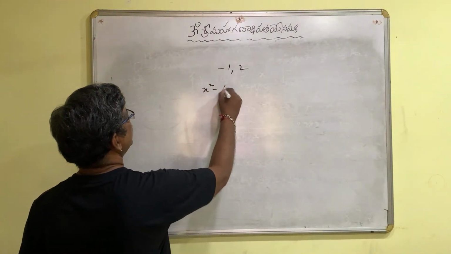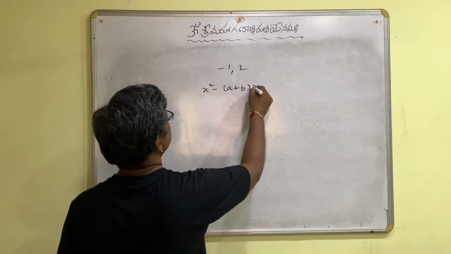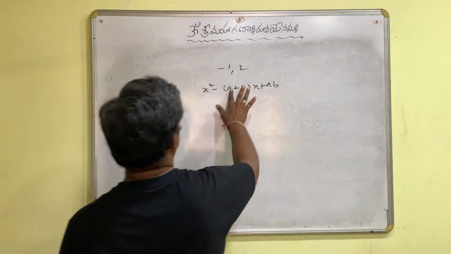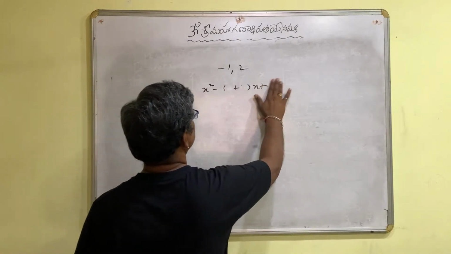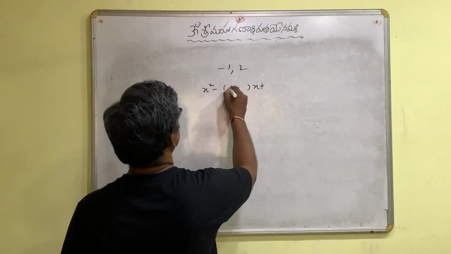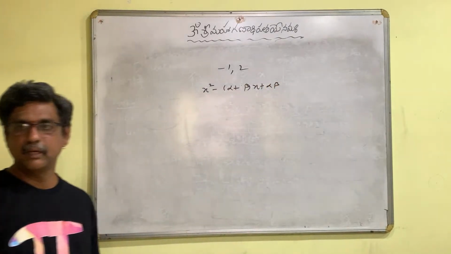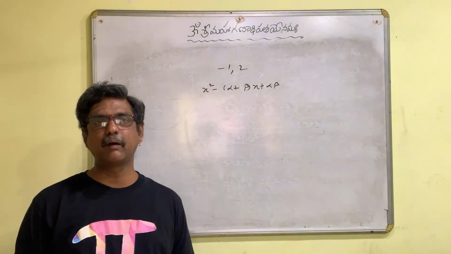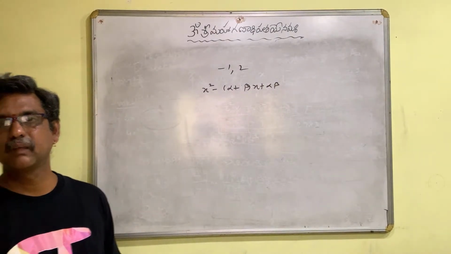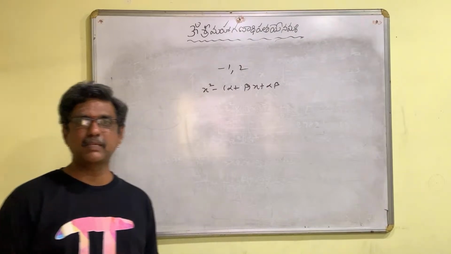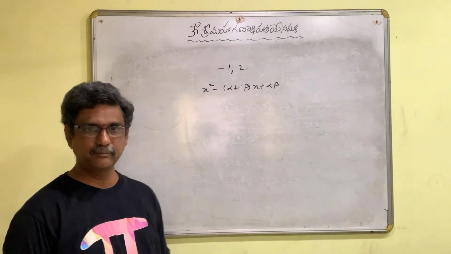x square minus (a plus b) into x plus ab. Instead of taking ab, you take alpha beta. x square minus (alpha plus beta) into x plus alpha beta.